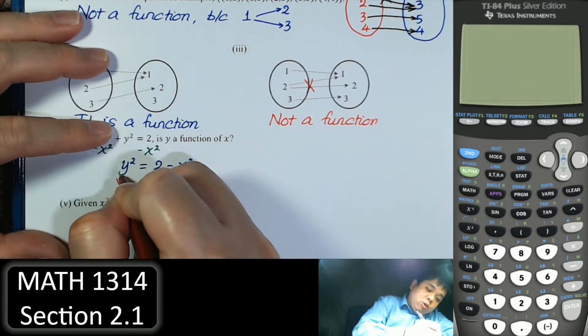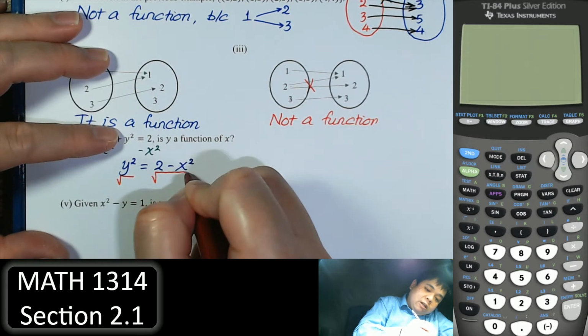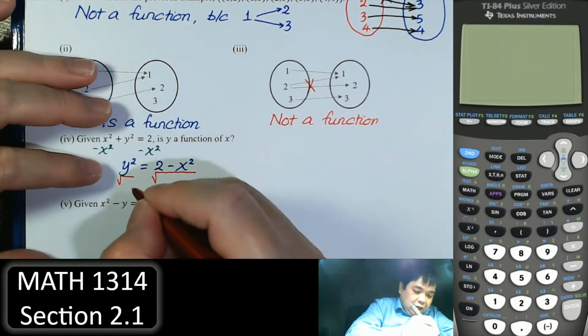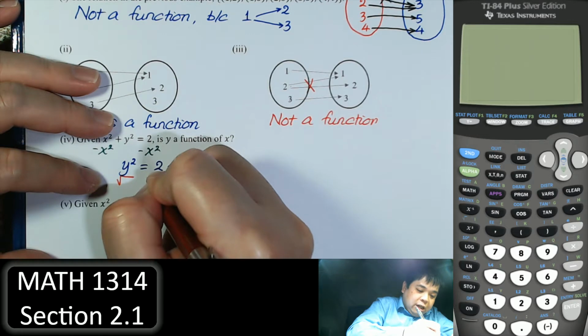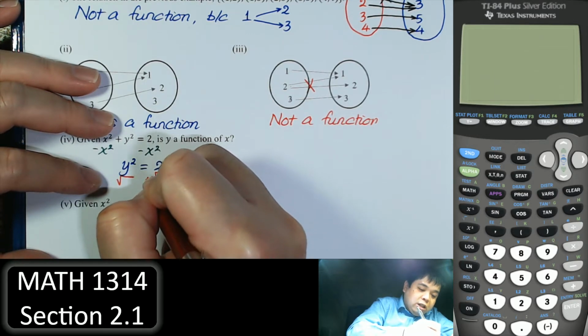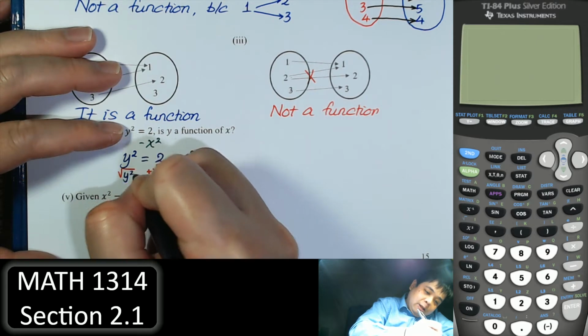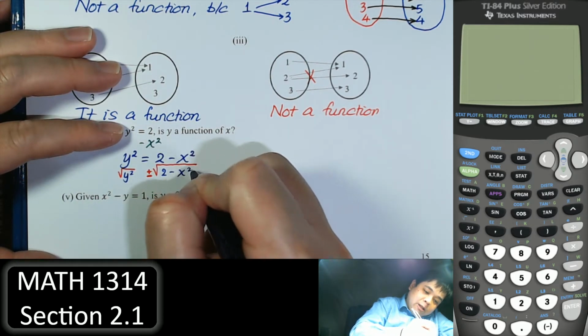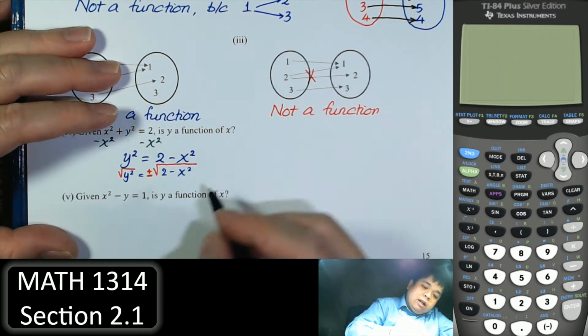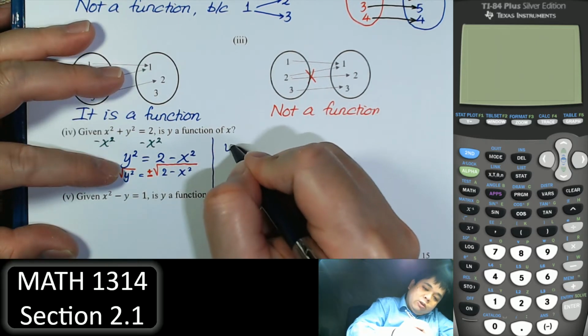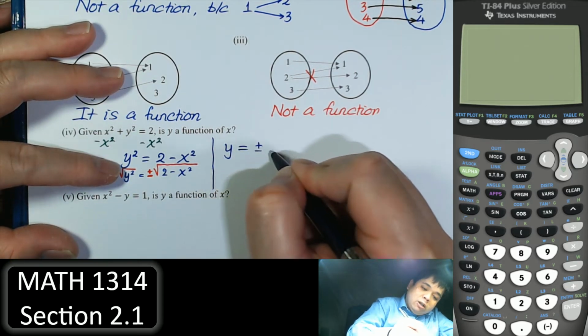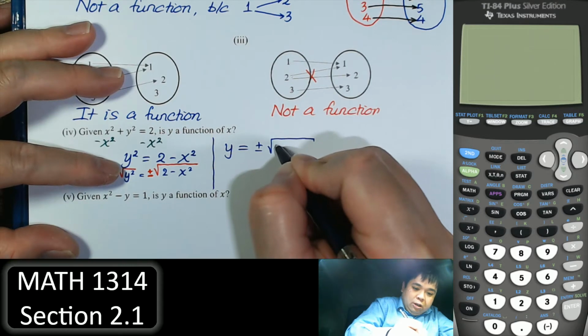I'll take the square root on both sides. One thing we have to remember from section 1.6: every time we take the square root on both sides, we have to put plus or minus. So with that, we have y equals plus or minus the square root of 2 minus x squared.